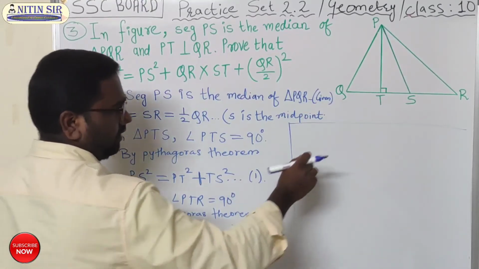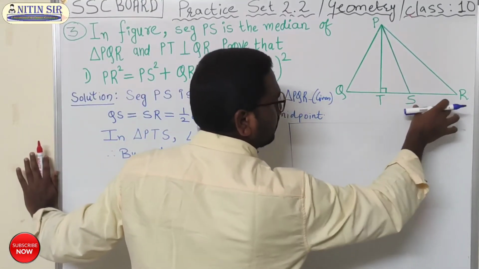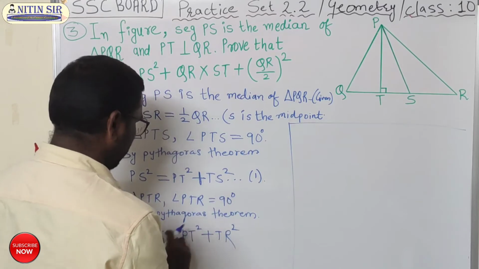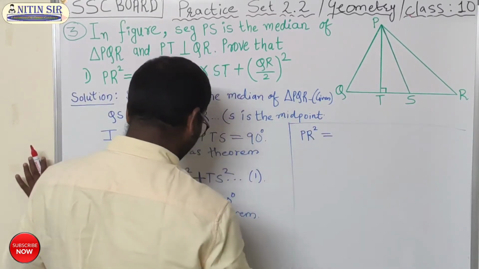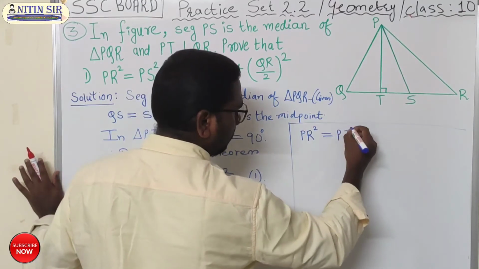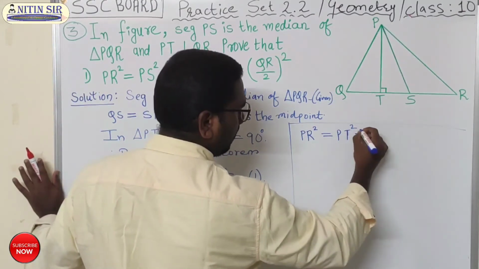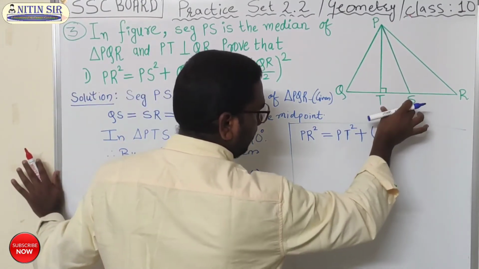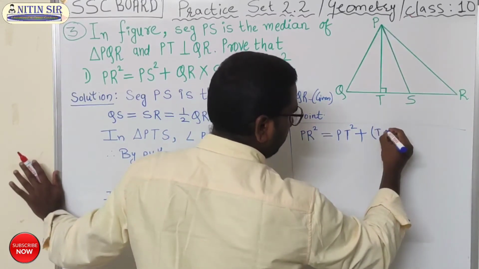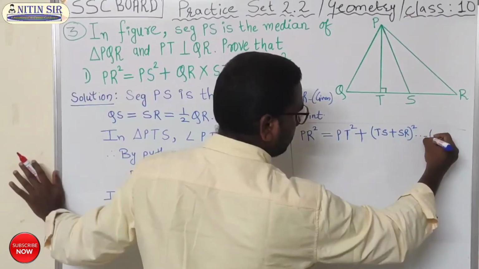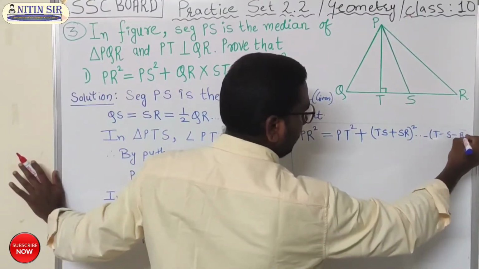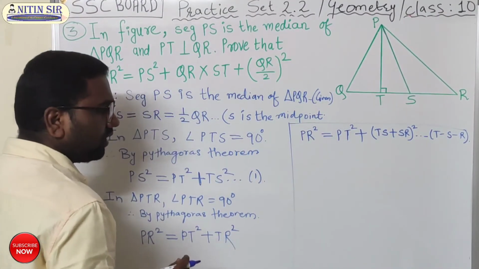Now what is TR? When you look here, TR is TS plus SR. So PR square is equal to PT square plus (TS plus SR) whole square. Why this? Because T, S, R are in a line.